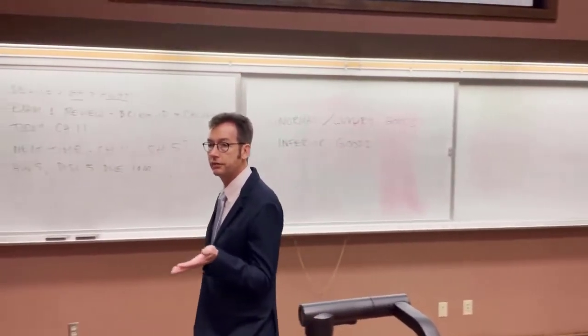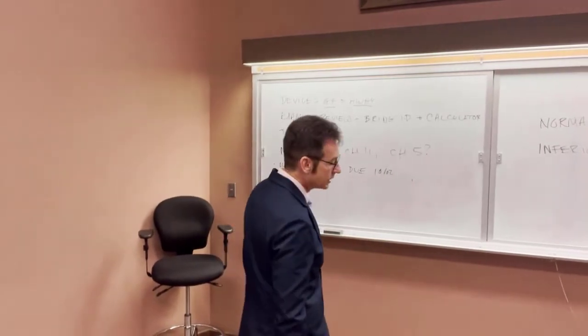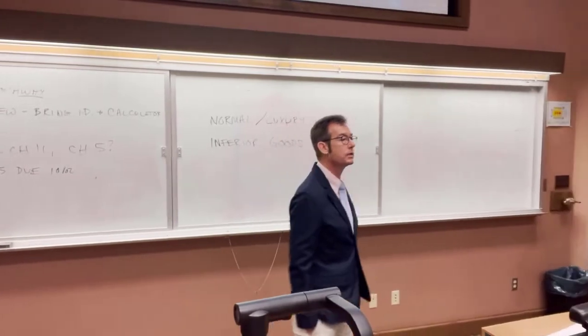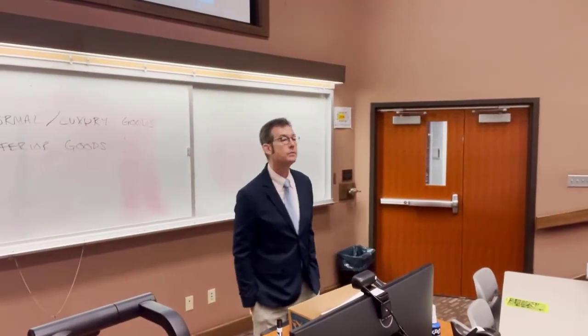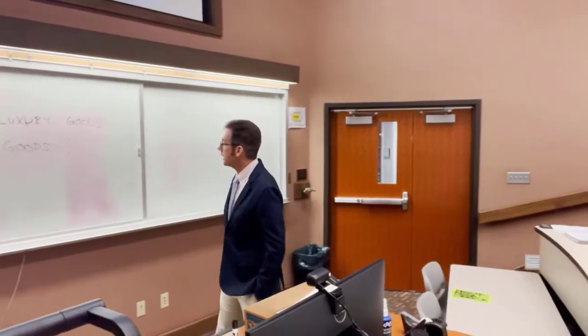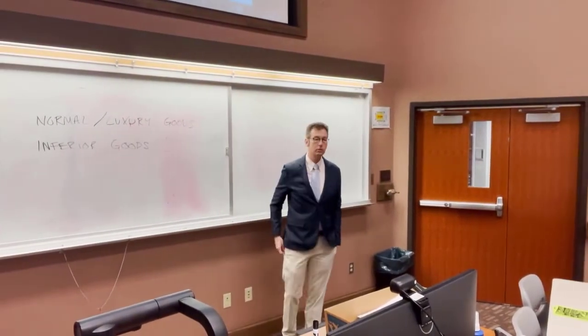That makes a lot of sense, right? Because depression's a bad sort of time. Now, recession is going to lose 10% of its value. In normal times, the return is going to be positive 20%, and in boom times, the return is going to be positive 50%. And so that's what we're seeing here. And in fact, what we would refer to this as is a normal or luxury goods company.